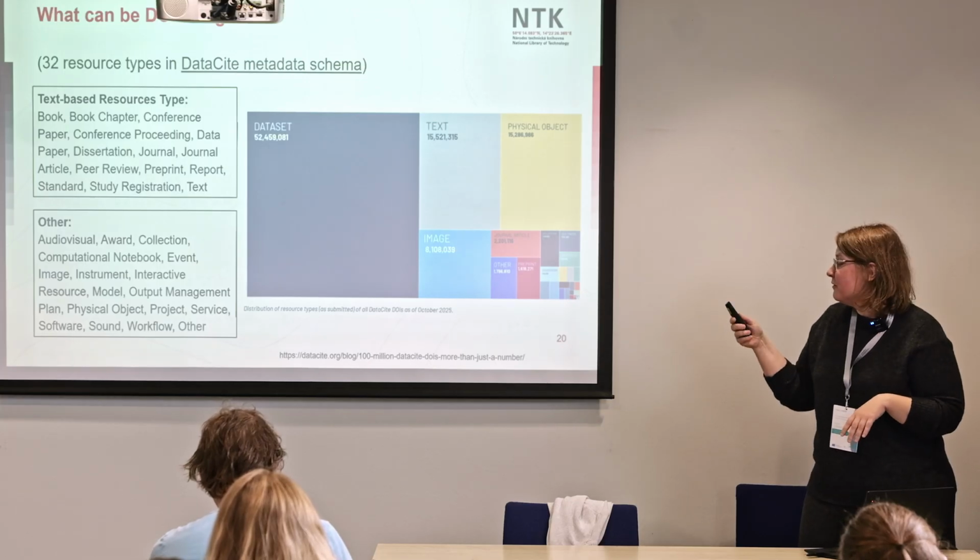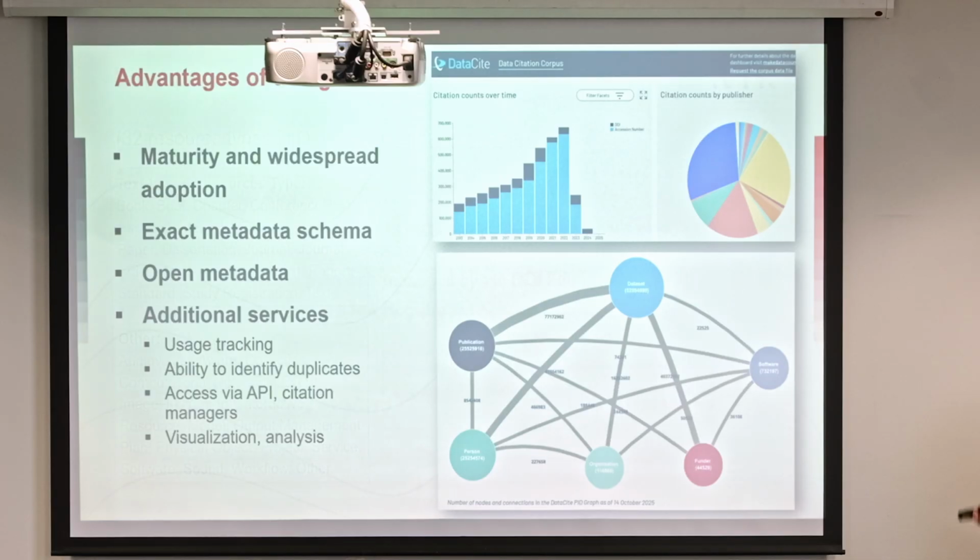So the variety is really wide. The advantages of using DOIs, for you as researchers, I think it's mostly the maturity and the widespread adoption, but there are other advantages that are more important for, let's say, repository managers or your institutions.